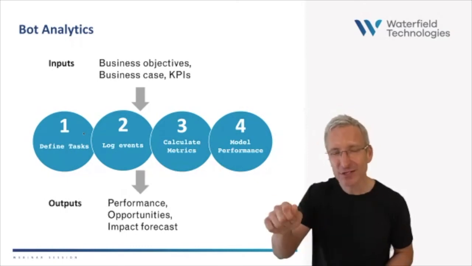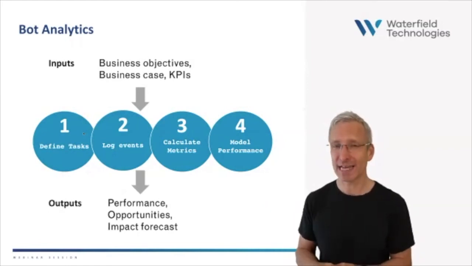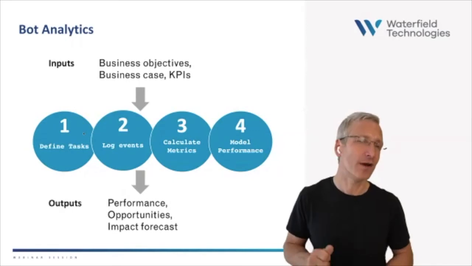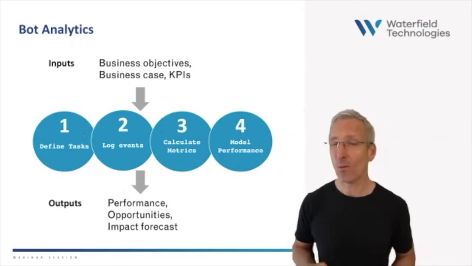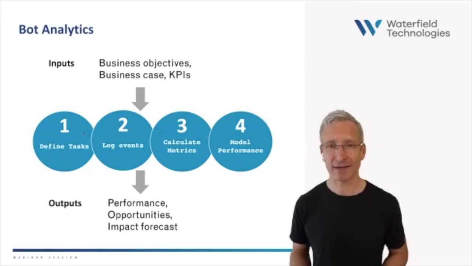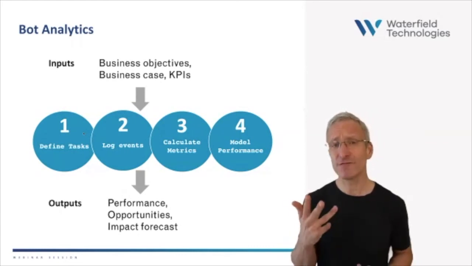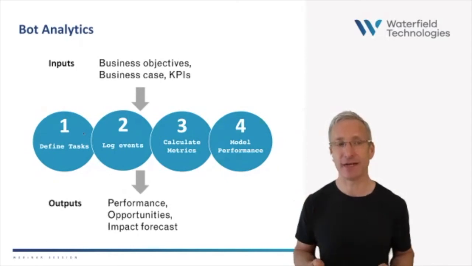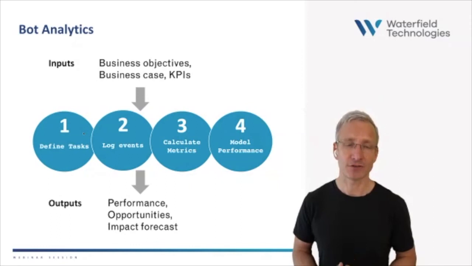What if we could turn the lever up a little bit and get better speech recognition or understanding in that particular state? What if we could modify the design to keep more people on track here? What if we could improve our backend data or the performance of our APIs to make sure the bots have got the data they need to interact with the customer? So these are really the 4 steps that you need to implement to really build out a bot analytics process and practice within your business.